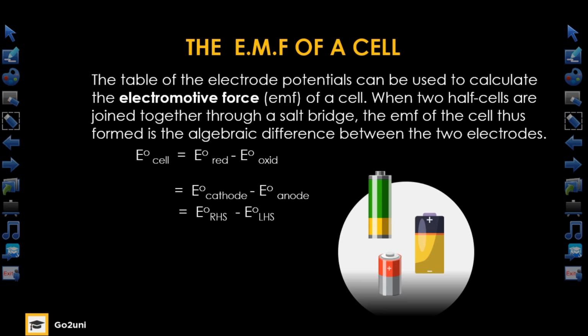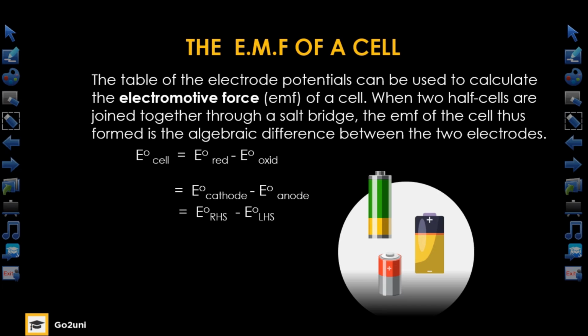And how is the EMF of a given cell calculated? It is calculated using a formula: electropotential for reduction half cell minus the electropotential for oxidation half cell. Or we can say the electropotential for cathode minus electropotential for anode, because reduction takes place at the cathode while oxidation takes place at the anode.